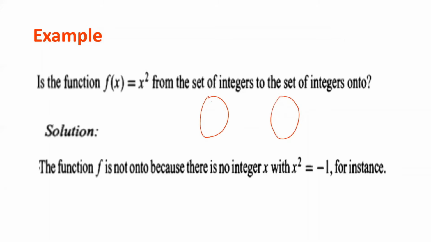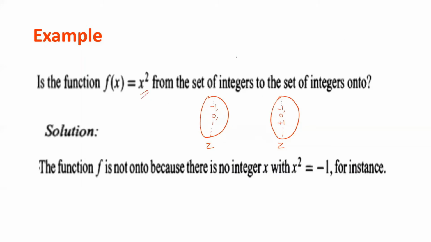As we know, in the set of integers all positive and negative numbers are there. Here also, all positive and negative numbers are there. So this is the set of integers and this is also the set of integers. By the definition, all the elements of the codomain must be mapped with some element of the domain. The mapping is x square.